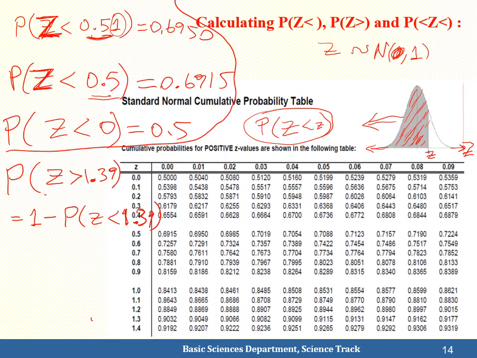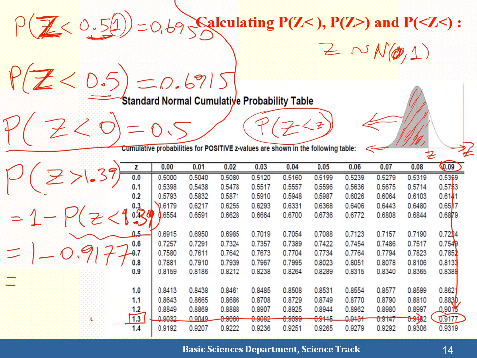The table will give us this value. Where is it? It's 1.39, so 1.3 and the 9 here, so it has to be 0.09. It goes this way. We find the corresponding area. This is 0.9177.